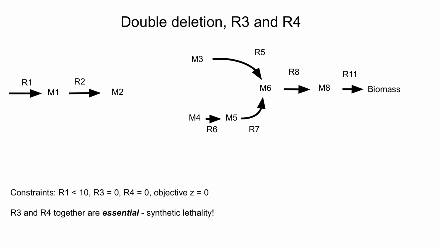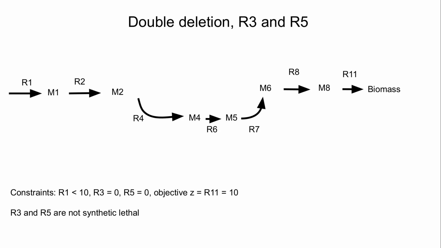On the other hand, if we were to do another double knockout, say we delete R3 and R5, that is this entire upper pathway. Then, well, we still have our lower pathway that is valid, and our organism can still grow at this ideal rate of Z equals 10. And because of that, R3 and R5 are not considered synthetic lethal.